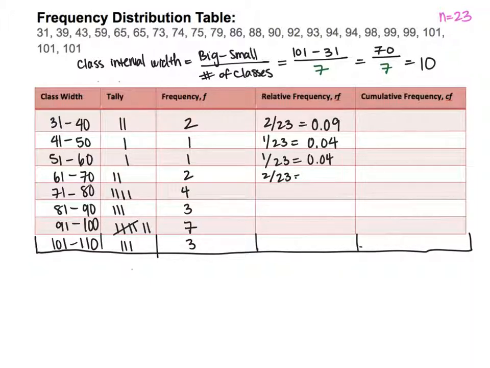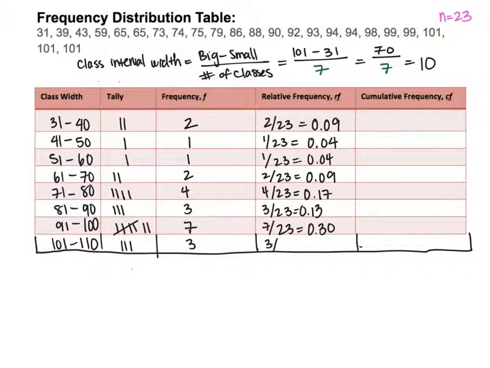2 divided by 23 is going to give you 0.09. 4 divided by 23 would be 0.17. 3 divided by 23 is going to give me 0.13. 7 divided by 23 is 0.30.